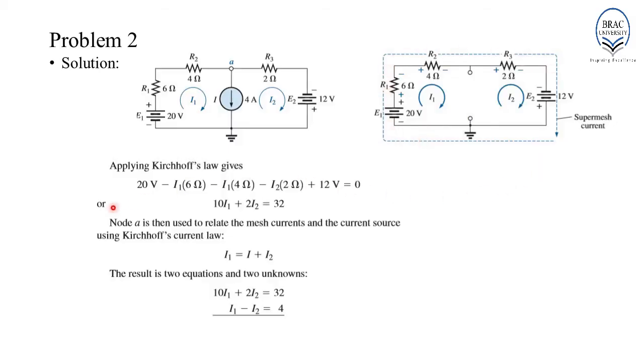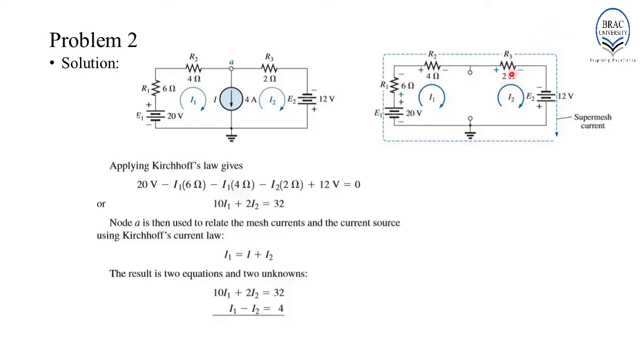So, applying Kirchhoff's voltage law gives, for loop 1, we are moving from negative towards positive, so plus 20 volt. Then across R1, we are moving from positive to negative, thus minus I1 times 6 ohm. For R2, again we are moving from positive towards negative, thus minus I1 times 4.